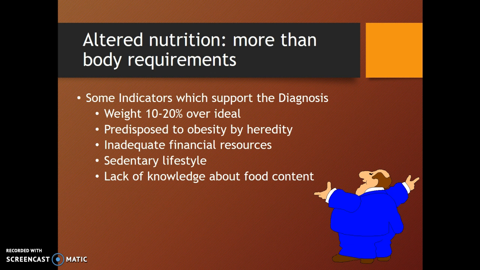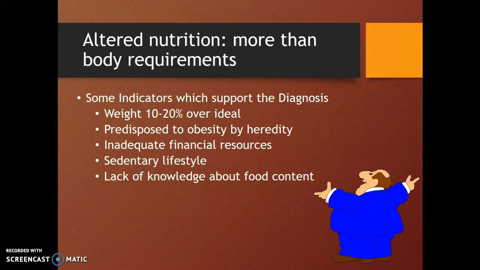On the other hand, if you have a patient who has an altered nutrition that is more than what their body requires, again, we need to look at why this is happening. Is it a financial consideration? You need to look at, how much income do they have? What costs more, a bag of apples or a bag of chips?